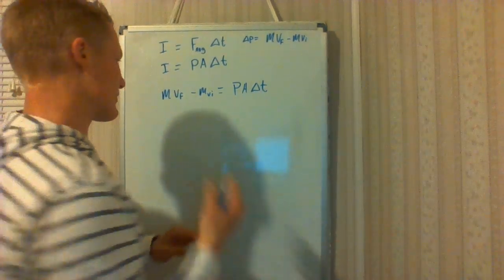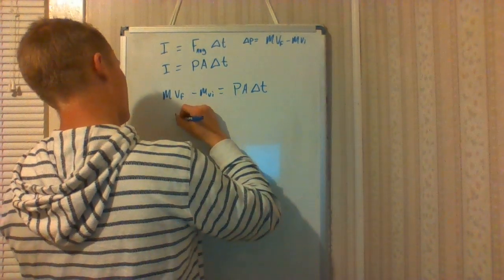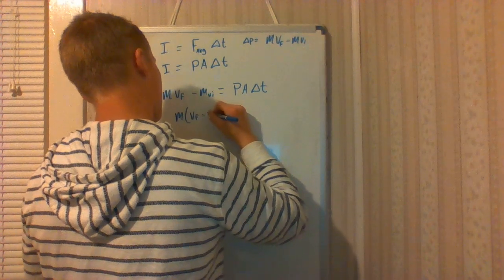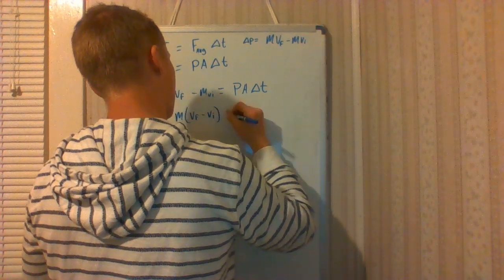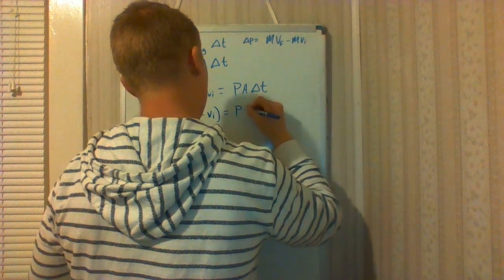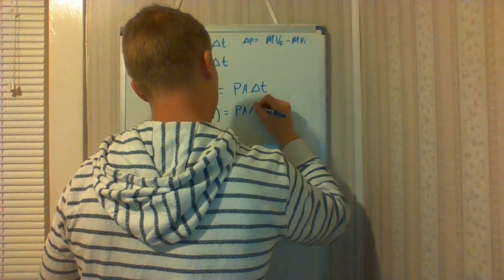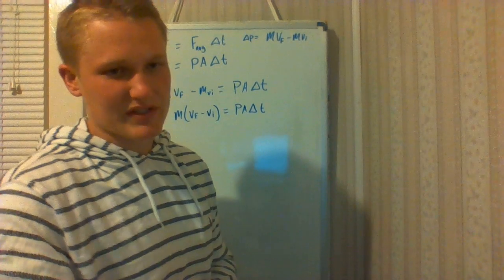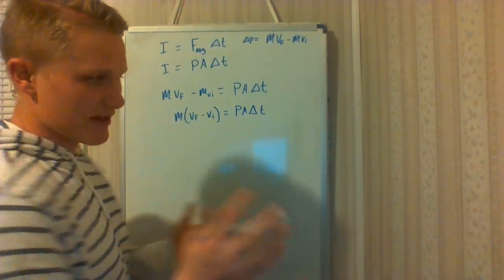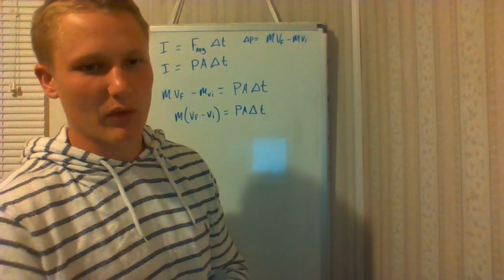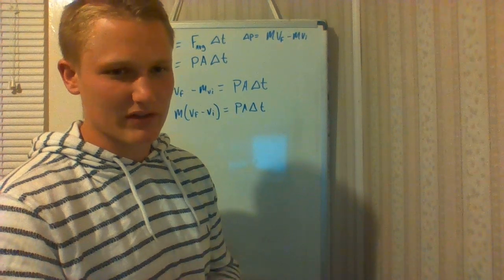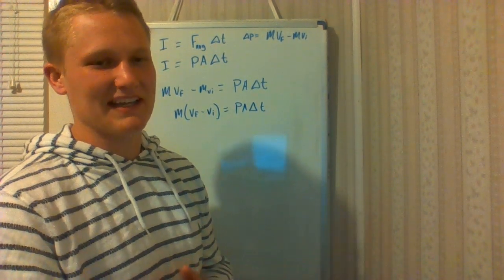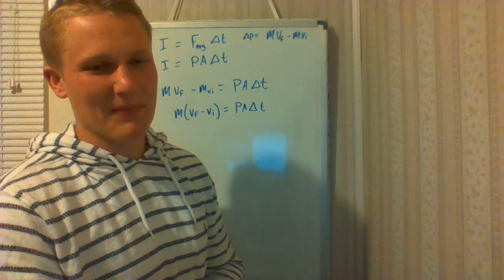For the sake of convenience, we're going to take our m's out, because what we're solving for here is the initial velocity, so how hard you can roller skate into a metal beam.